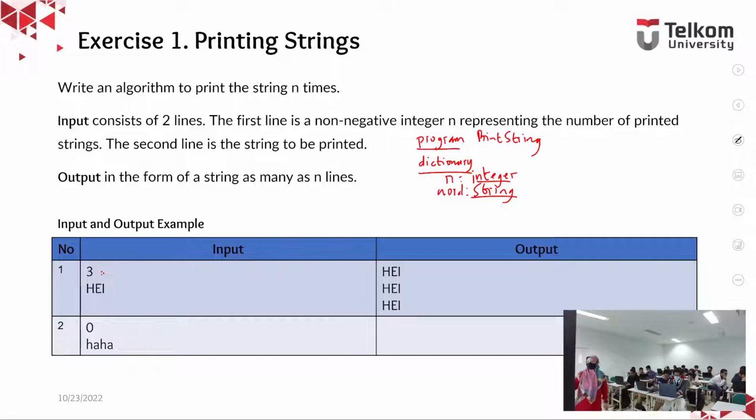Okay. Next, go to the algorithm. The algorithm will take two inputs, right? n and word. Do we need any initialization before we go to the loop block?